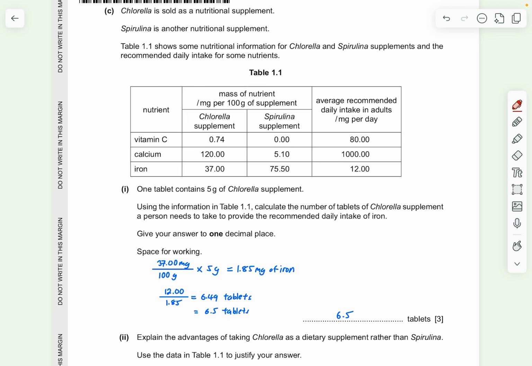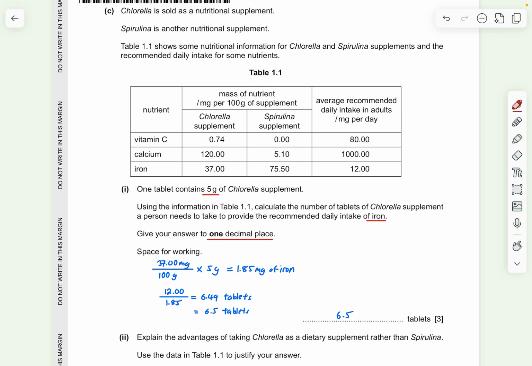One tablet actually contains 5 grams of chlorella supplement. Using the information in table 1.1, calculate the number of tablets of the chlorella supplement a person needs to take to provide the RDA intake of iron, and give your answer to 1 decimal place. They tell you that 5 grams of chlorella is inside 1 tablet, and there's also the RDA for iron.